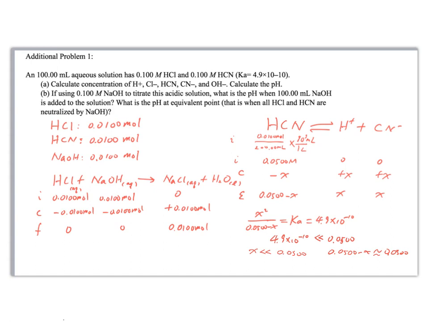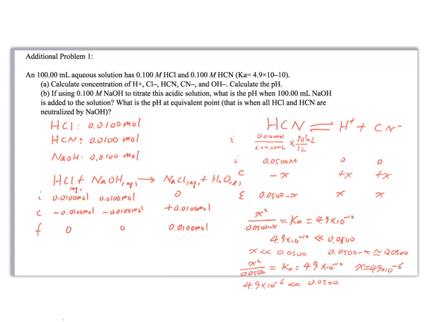This leads to the equation x squared over 0.0500 equals Ka equals 4.9 times 10 to the negative 10. We solve this equation, which gives us x as 4.9 times 10 to the negative 6. And fortunately, 4.9 times 10 to the negative 6 is much smaller than 0.0500. Therefore, the approximation we made here is correct.